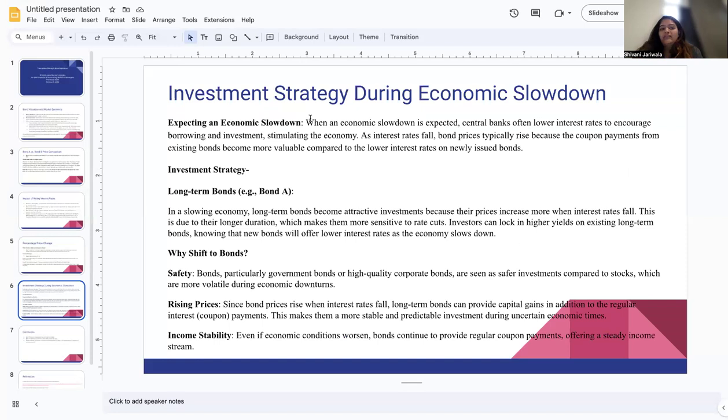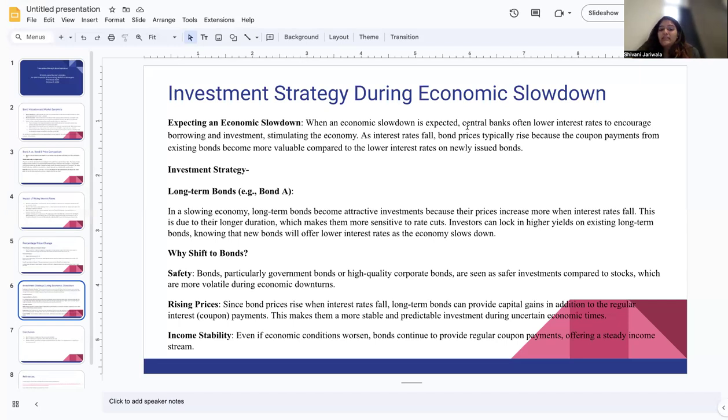Now, investment strategy. Let's think from an investor's perspective. If the economy is slowing down, let's say we are having a recession, then it is expected that central banks will lower interest rates. Even now, we see lower interest rates in certain areas where decisions are taken by the government, and let's say the government issued bonds only.